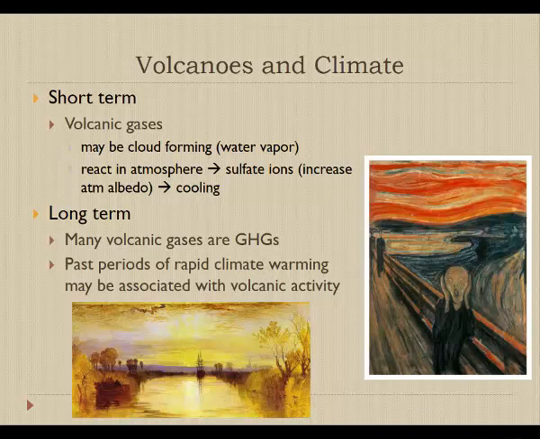On the other hand, while short-term influences of volcanoes are usually associated with cooling, long-term influence of volcanic eruptions often results in warming of the climate. So many of the gases that are erupted in volcanoes are GHGs, or greenhouse gases.